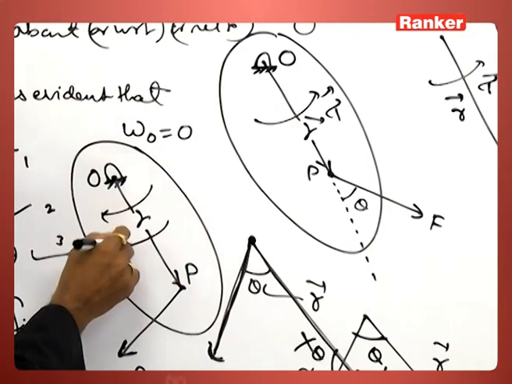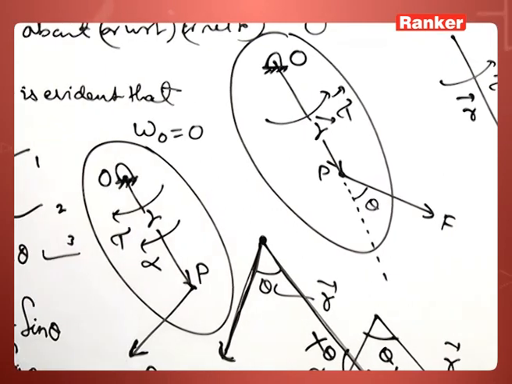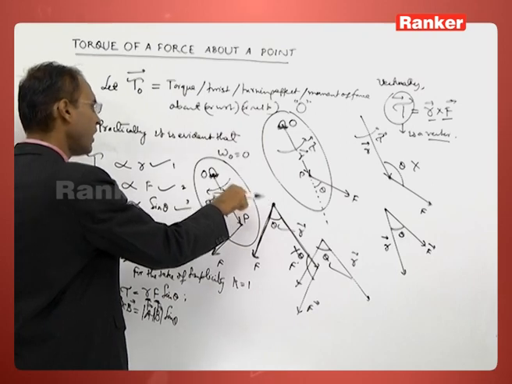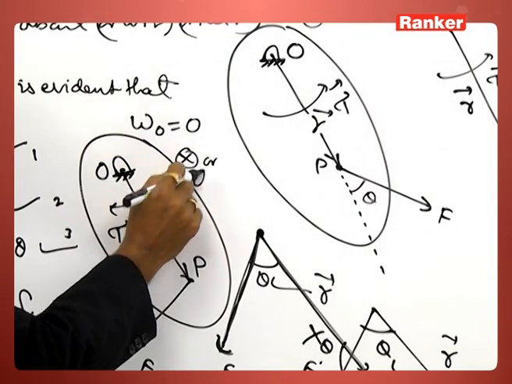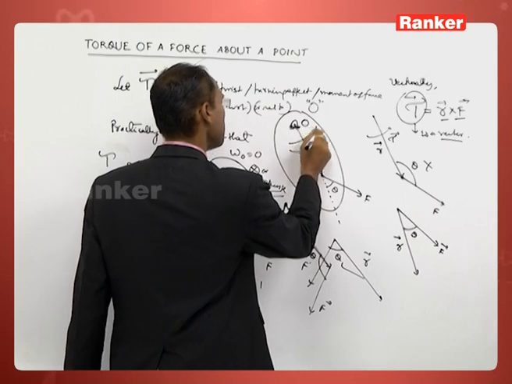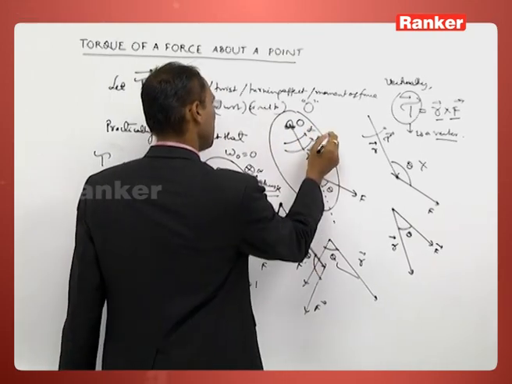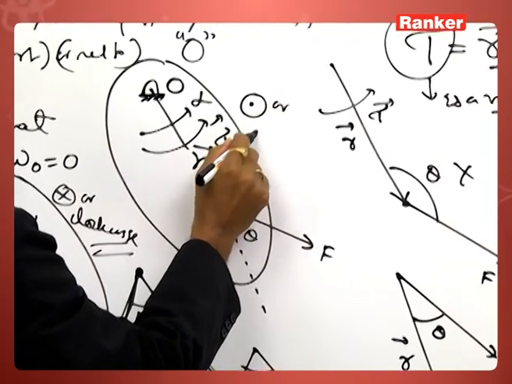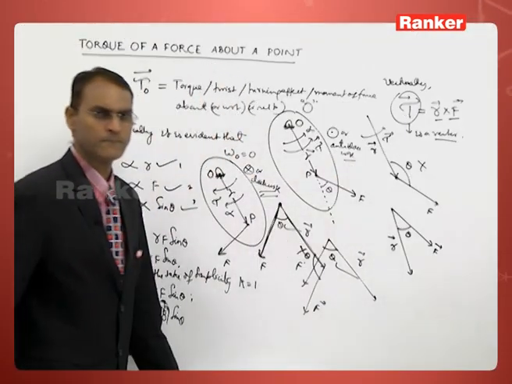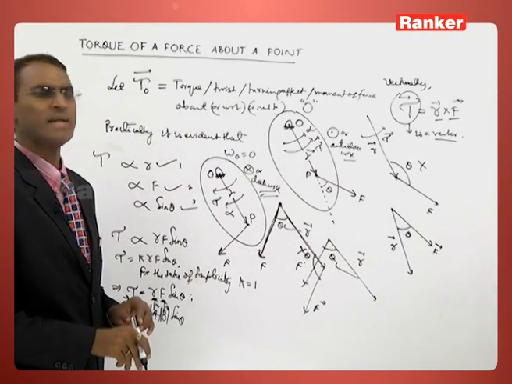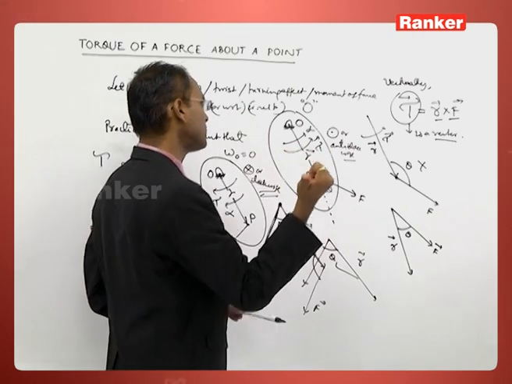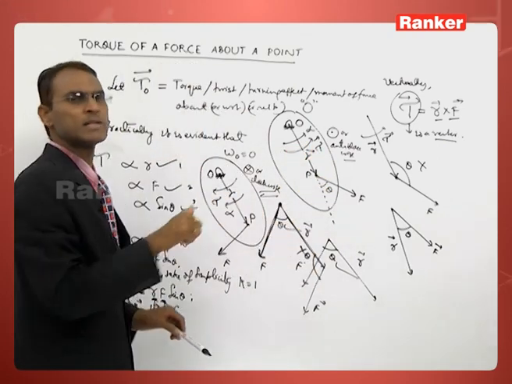It's very easy to say that the direction of alpha is, in this case, clockwise, or inward. Here the direction of alpha or the torque is outward or anti-clockwise. So, torque has a directional sense. It can be outward or it can be anti-clockwise. It can be inward or it can be clockwise.